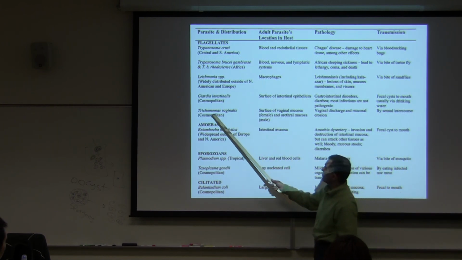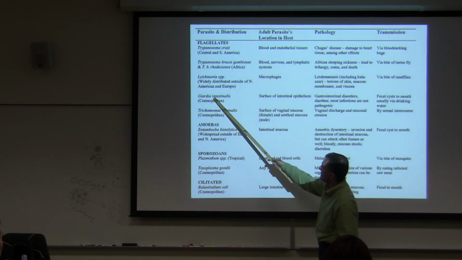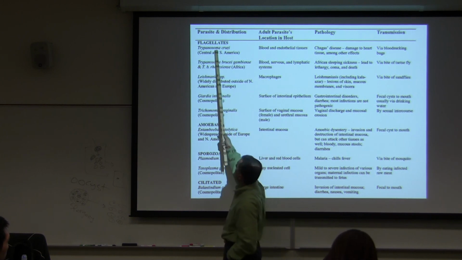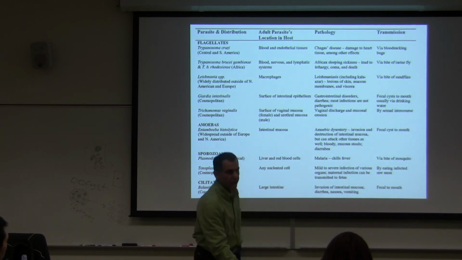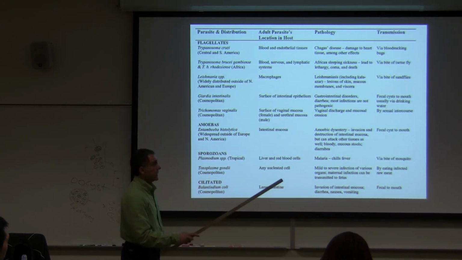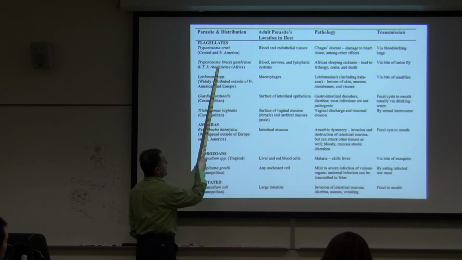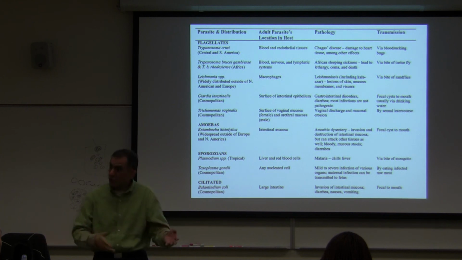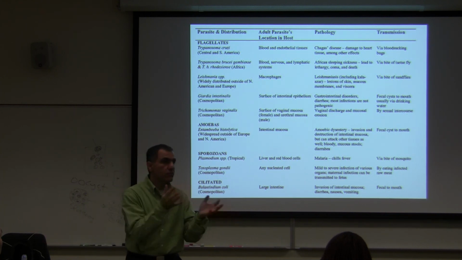Not very healthy. Trichomonas vaginalis, you do have a slide of this. Giardia, you do have a slide of this. Leishmania, you do have it. Trypanosoma, you do have it. Trypanosoma cruzi, you don't have to tell them apart. We do not have a slide that says Trypanosoma cruzi. But when you take a parasitology class, if they have the two slides, you should be able to tell them apart.